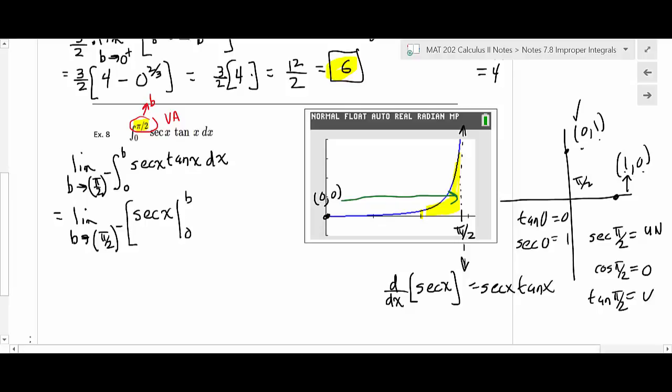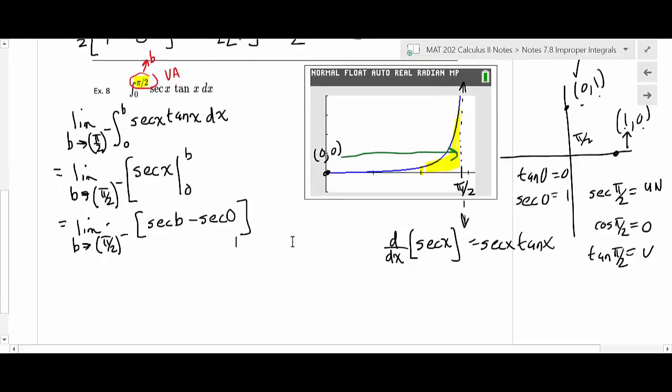Let's go ahead and do that evaluation. I'll keep bringing down the limit so I don't forget. So approaching pi over 2 from the left-hand side, this is going to be secant of b minus secant of 0.